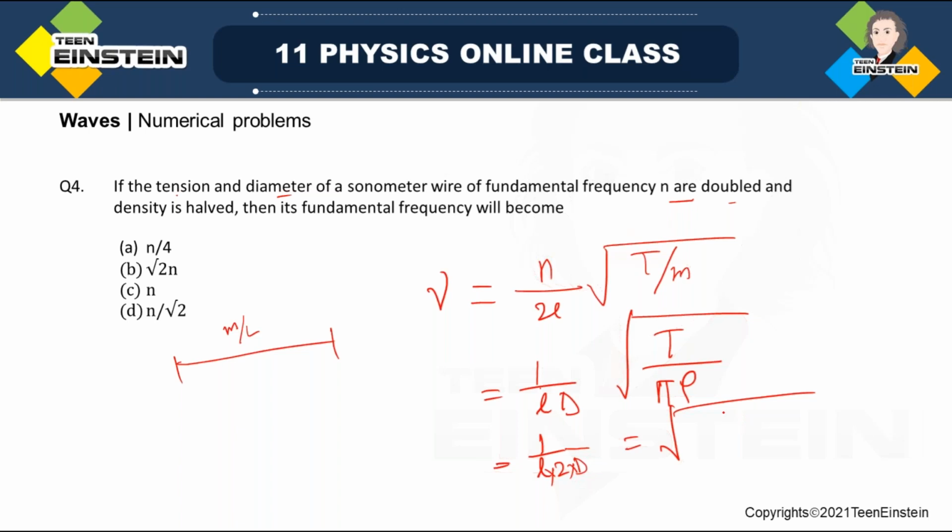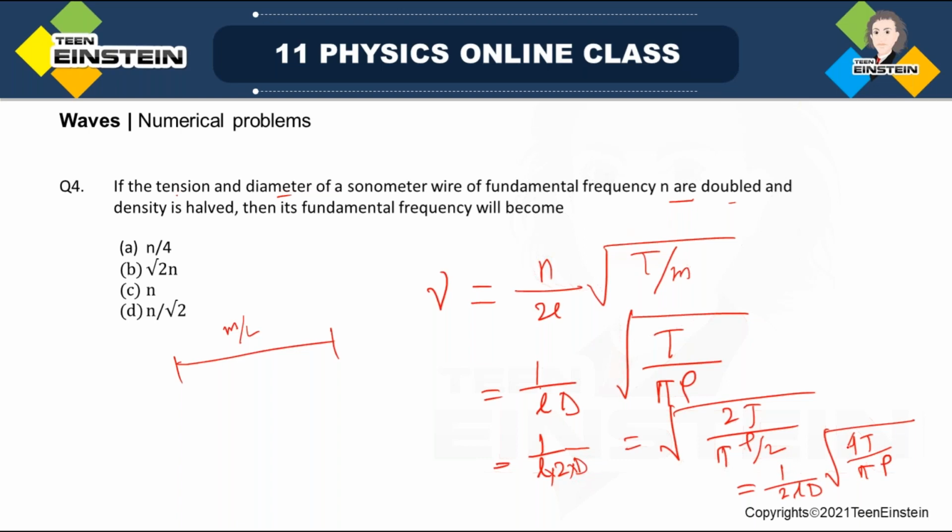Tension is doubled, 2T now, and density is halved. That means this becomes, sorry, this by 2, rho by 2. So you get 2LD square root of 4T over pi rho.